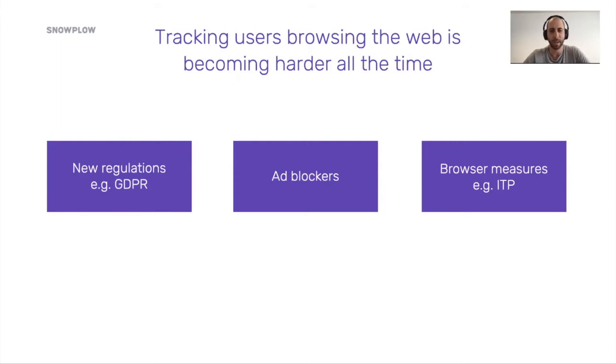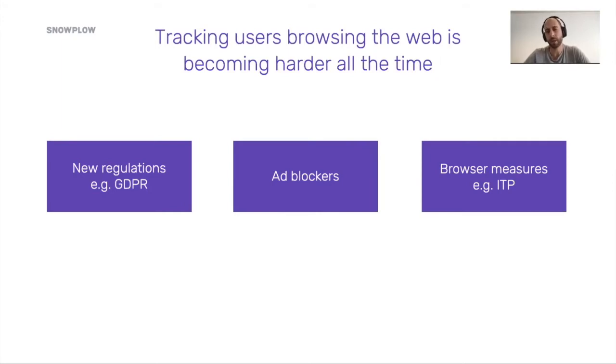Three things that we see going on here are new regulations. The one that's caused the most recent stir is GDPR, but there are GDPR-light regulations that have been launched in California, and other jurisdictions are following suit. The rise of ad blockers, which have become very prevalent technologies.